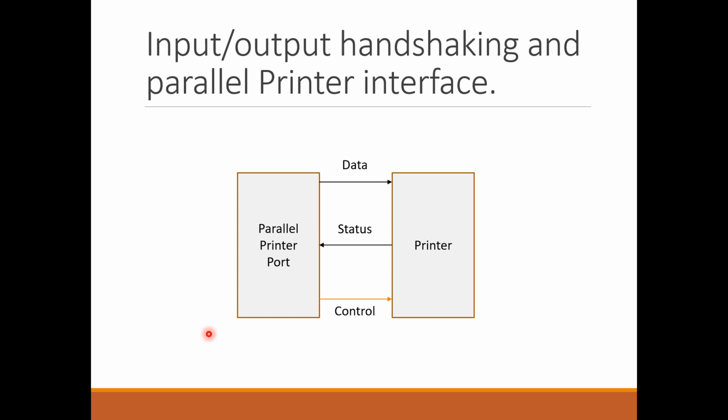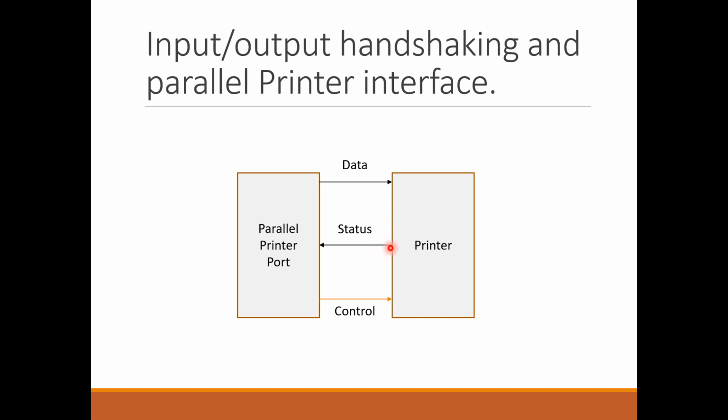Look at here. Whenever the microprocessor is going to transfer data to the printer through the parallel printer port, what happens first? If my printer is not ready, the data is not going to be accepted. It's going to be buffered.